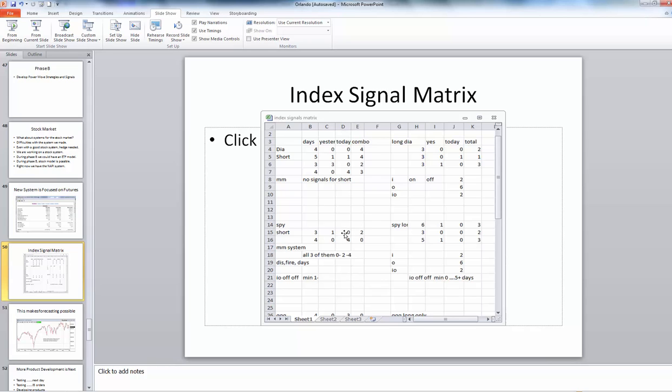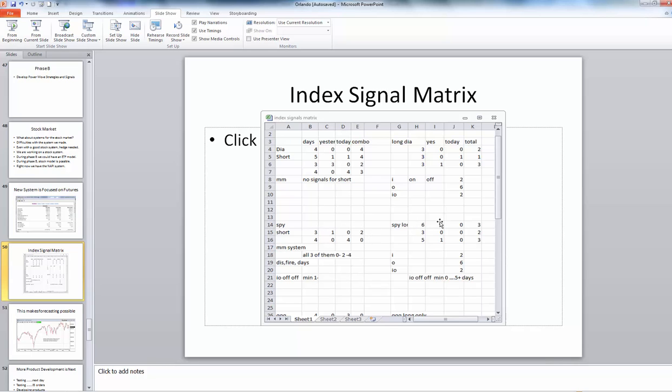So for example, we know that if yesterday was a 1 or more, and the NAPI goes from 1 to 4, okay? So if yesterday was a 1 or more and today was a 0 or more and added up together they were 2 or more, well then, gee whiz, for the next 3 days it has a short signal, okay?